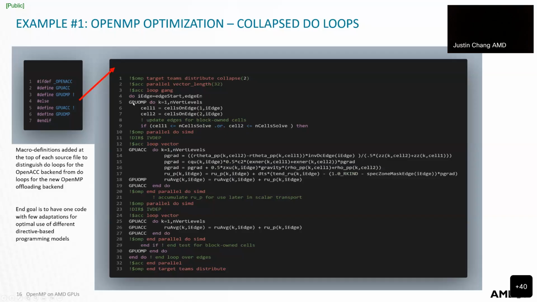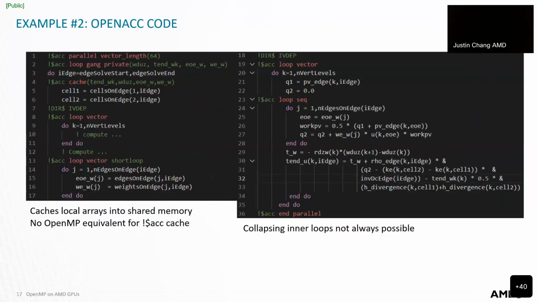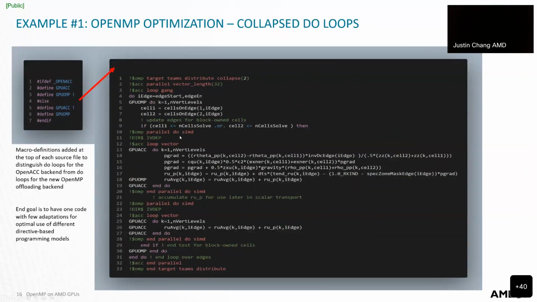So we have the GPU OMP, which denotes lines of code that are tied to the OpenMP offloading backend, and then the GPU ACC denotes the original OpenACC code that we do not want broken. And so what I have done here is that I have collapsed the do loops. So I have introduced the OpenMP target teams distribute collapse two.